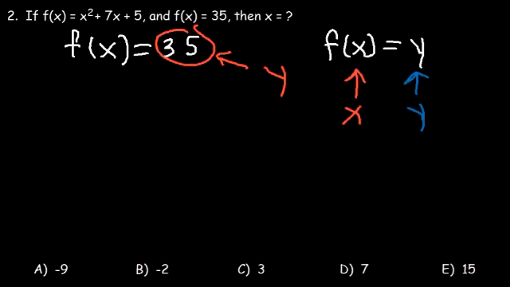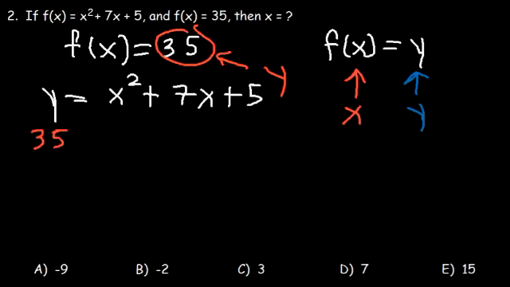So we have the equation y is equal to x squared plus 7x plus 5. And f of x and y are the same thing. They equal each other. And so now we can replace y with 35, and now we've got to solve for x.